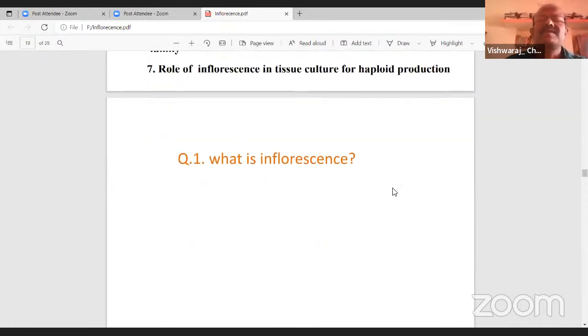Number one, what is inflorescence? We have seen three different types of definitions of inflorescence. Tell me any definition or meaning of inflorescence.